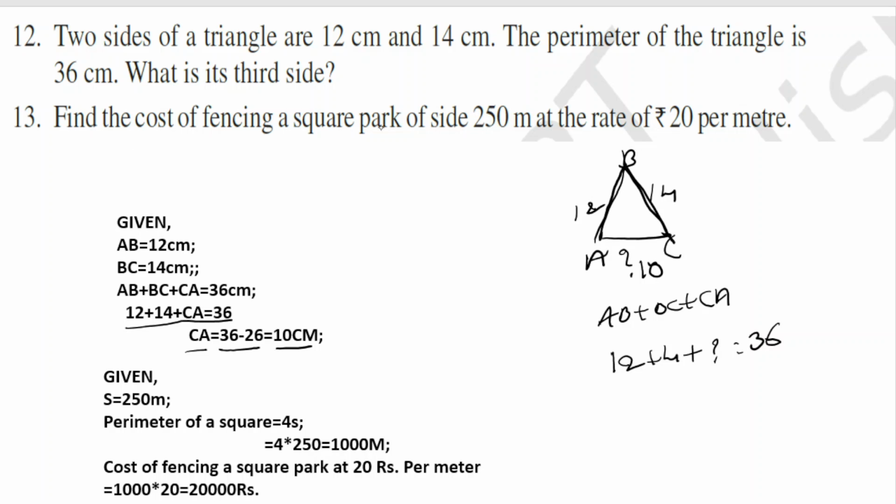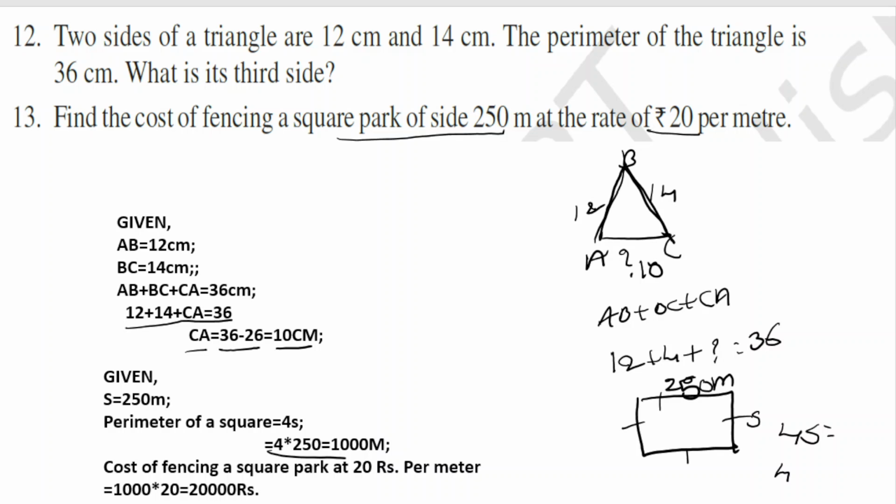And here, find the cost of fencing a square park of side 250 meters at the rate of 20 rupees per meter. Suppose this is a square park and its side is 250 meters. We need to find out the perimeter. You know that in a square all the sides are equal, so the perimeter is 4s. Here s was given as 250 meters, so the perimeter is 1000 meters.